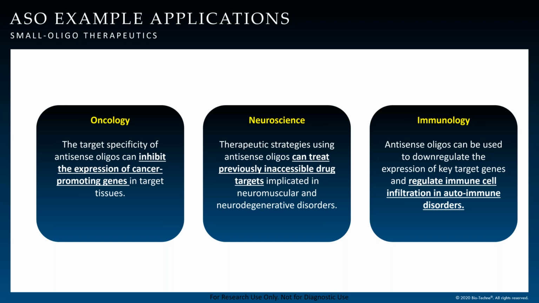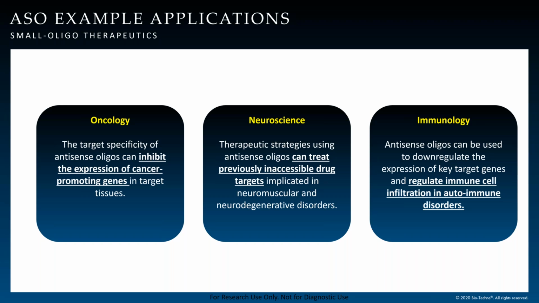Another example of a key application is ASOs. These are antisense oligos that are used in 3 key research areas, which include oncology, neuroscience, and immunology. In terms of oncology, ASOs are synthetically designed that target and block oncogene expression, which can slow down the growth of the cancer.